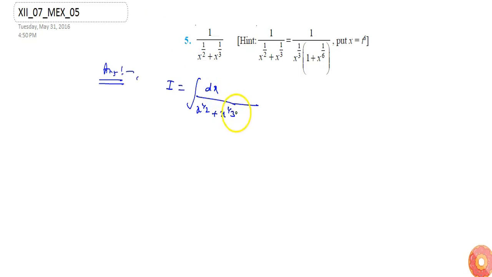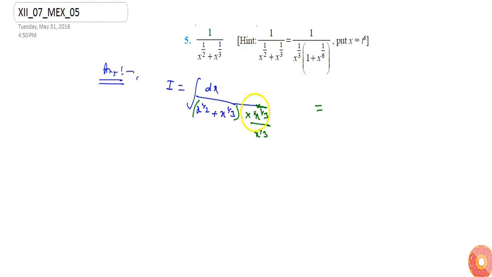In this question, if I multiply x power 1 by 3 in the denominator and divide x power 1 by 3 in the denominator, what will I get? Let's see.